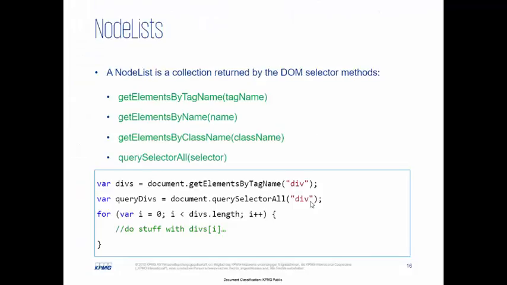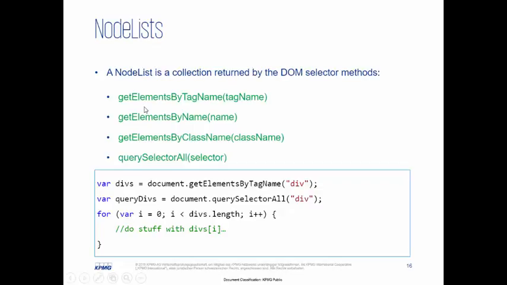Okay, so you can also get collections. We've seen also some of the query methods that give you collections of elements, not just a specific single one. So you can query elements by their tag name, so you can have multiple elements with the same tag on the page, of course. You can have multiple objects with the same name. ID is expected to be unique, but name is not expected to be unique.